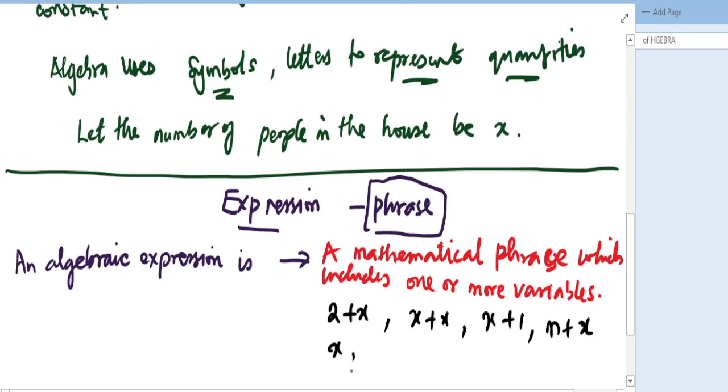Even x is an expression. So this is what we refer to as one or more variables. In m plus x, we have two variables. We could also have 2m plus 3x minus 2q. These are all variables: q is a variable, x is another variable, m is another variable.